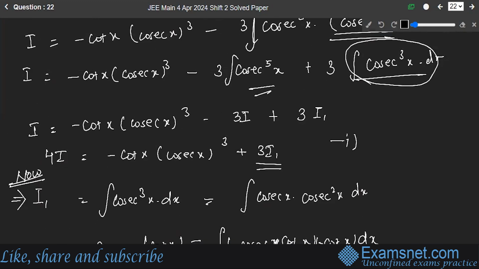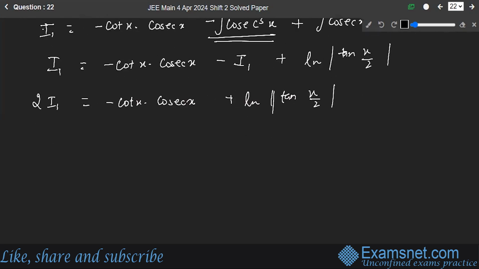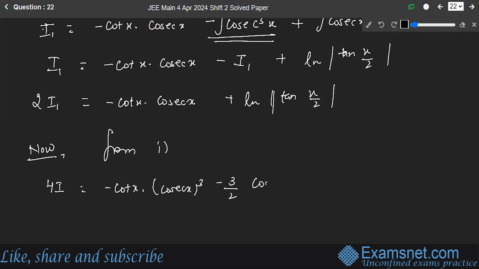Now let's get back to our 4I. Let's fill in the value of I1 in this. So from 1, you have 4I is equal to minus cot x into cosecant cube x minus 3 by 2 cosecant x into cot x plus 3 by 2 log of tangent x by 2 plus c.